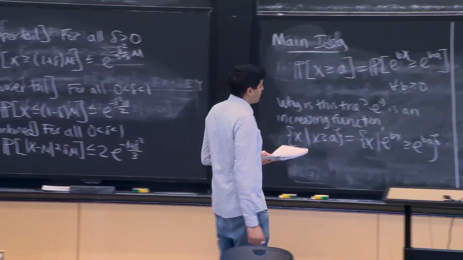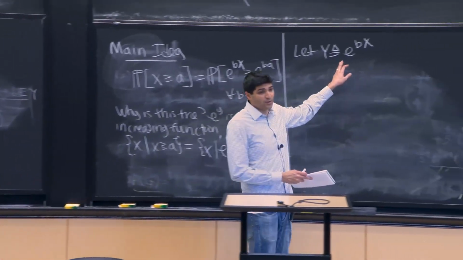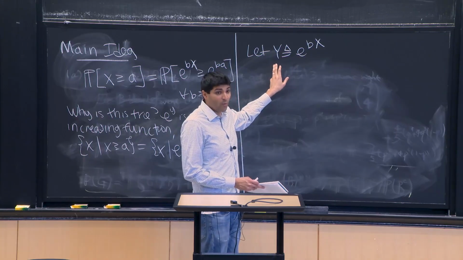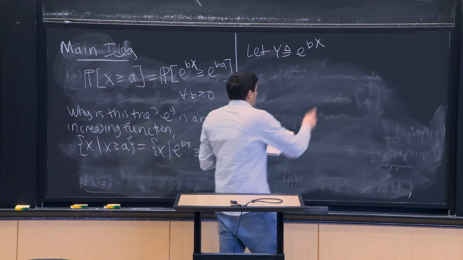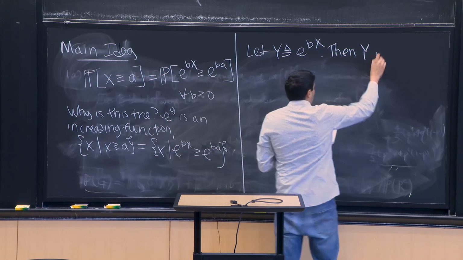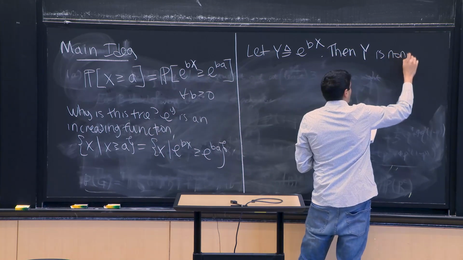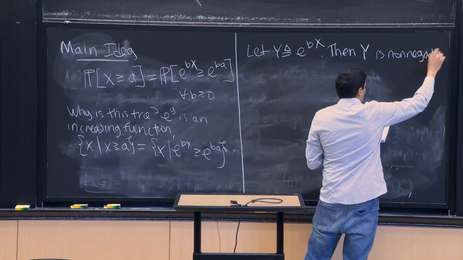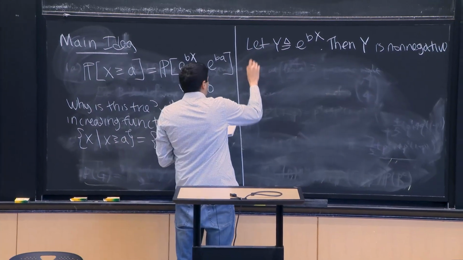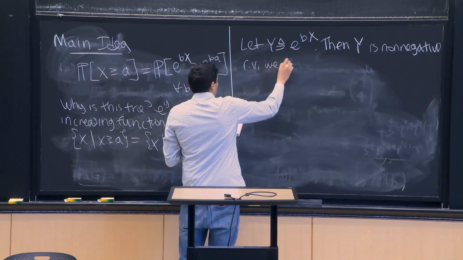Now I'm doing this funny thing where I take the exponential of my random variable, and I'm using that to define this new random variable y. So now, just by construction, y is non-negative. It's a non-negative random variable, which means we can apply Markov.